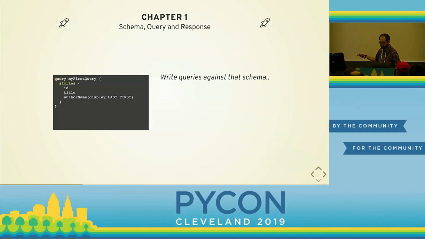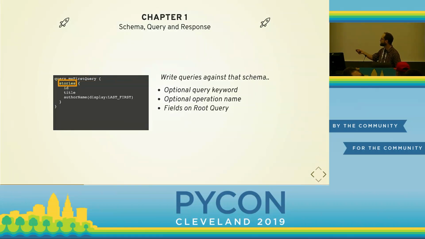So next, we are writing a query against that schema. Here we have the optional query keyword. In most cases, that's understood, but it's useful to include that sometimes. We also have an optional operation name, so we can call our query anything we want. It's just a convenient thing for our clients to use. We could call this query pants if we wanted to, and it would be fine. This is our field on the root query, so we have stories on the root query.